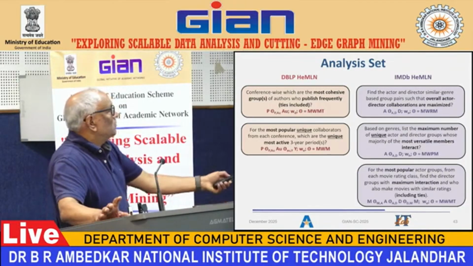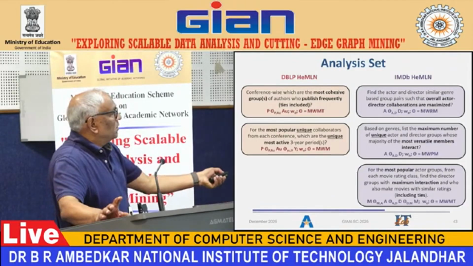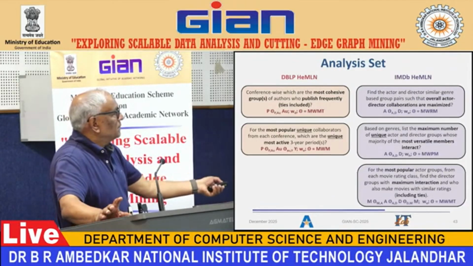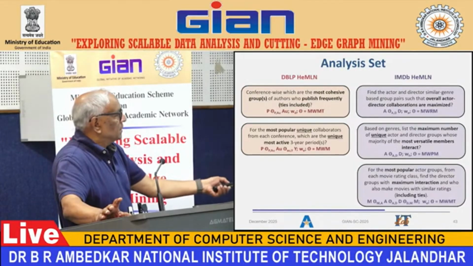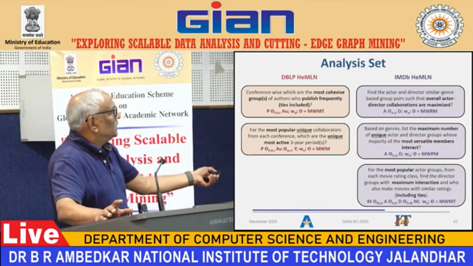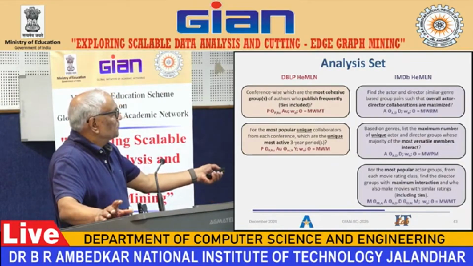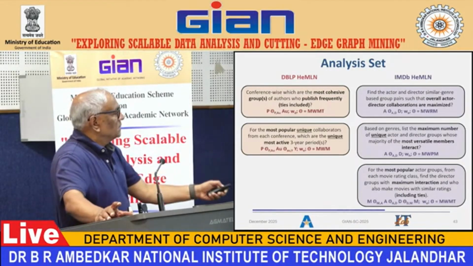And when you use the bipartite graphs, we are doing different types of matching: maximum weight matching with ties, maximum weight redundant matching, maximum weight matching. So these are the data that we are going to compute, and there are other things that you can do.